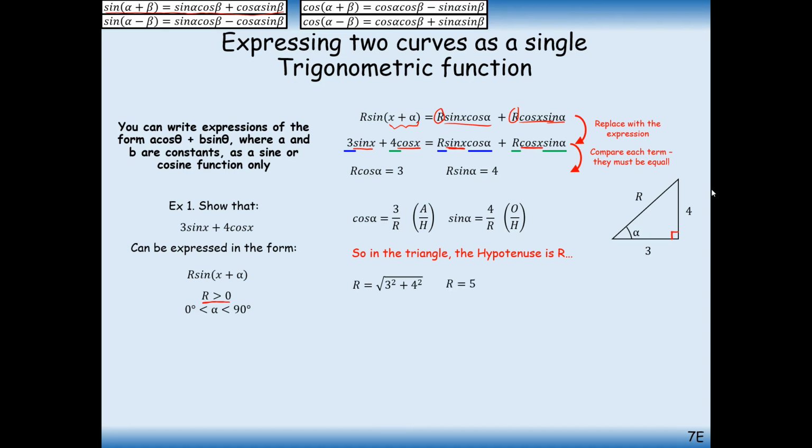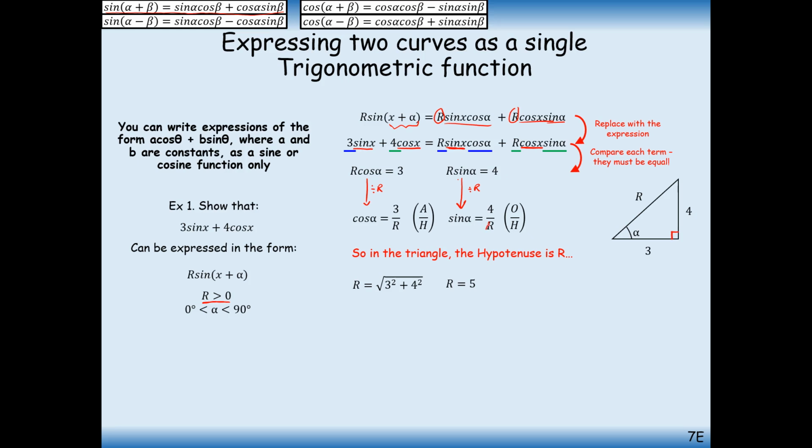Now, there is a long-winded process. I rearranged this very quickly so that I divided both sides by R. So we'll have this expression and divide both sides by R to get this expression. Now 3 over R was cos, that's how I came up with that.